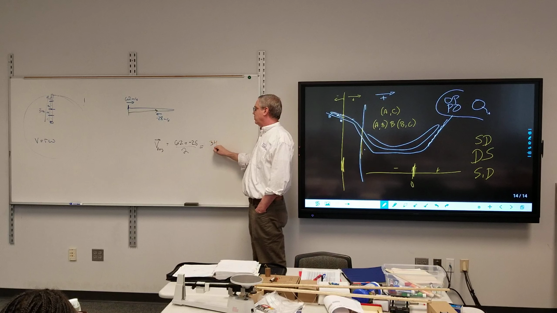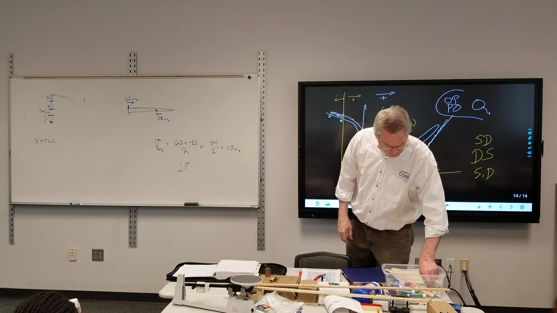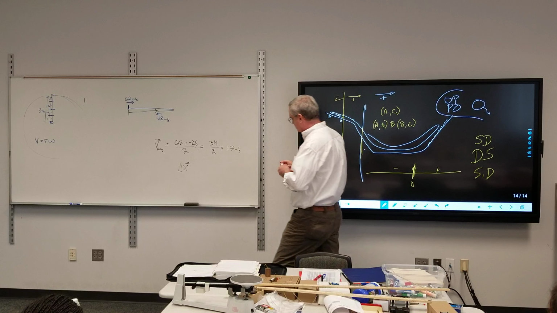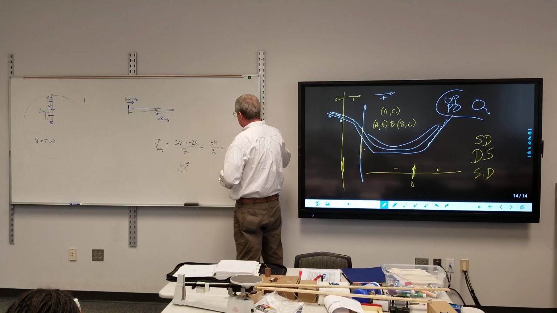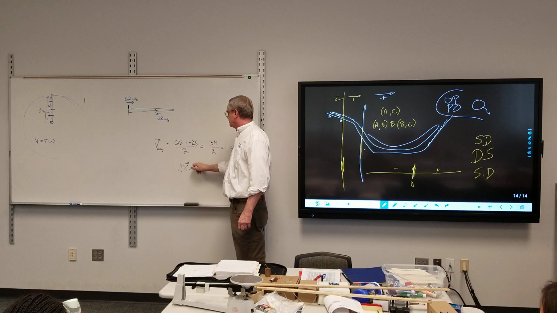I traveled for 10 seconds, so my displacement is equal to my average velocity times time, which is 17 meters per second times 10 seconds.